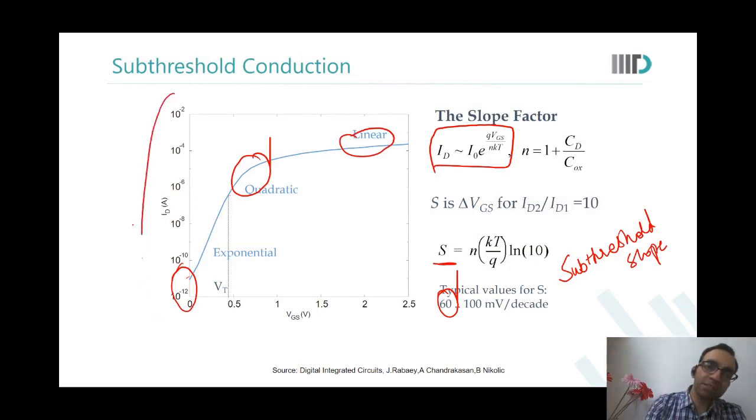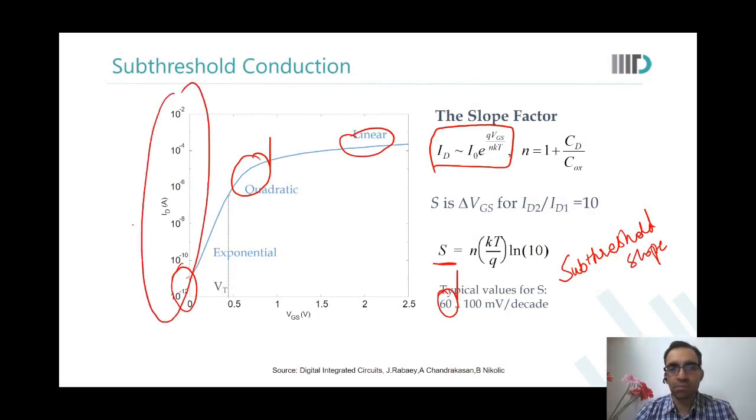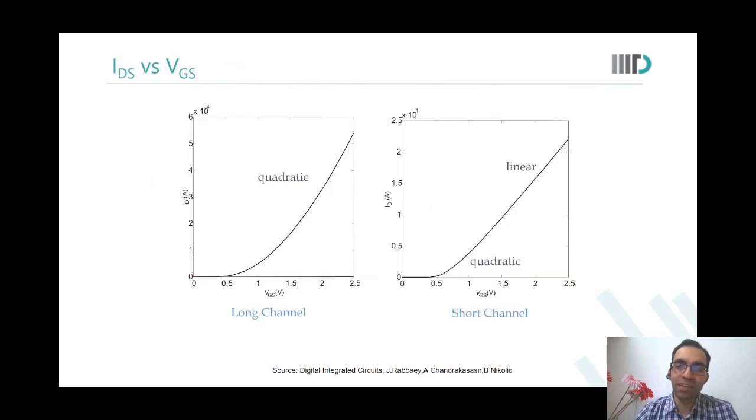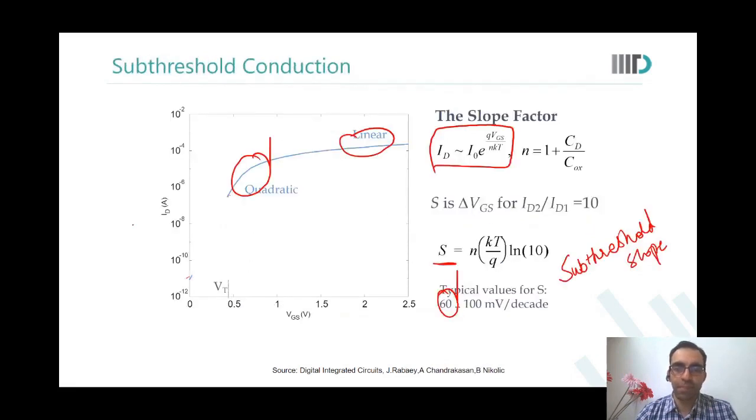Look at this. This is a logarithmic axis, and that was a linear axis. Right. Fine. Okay.